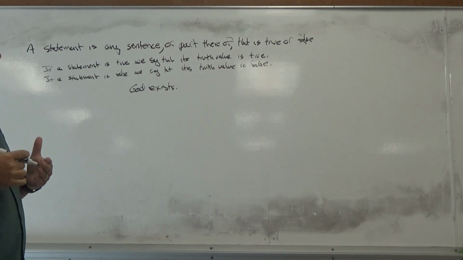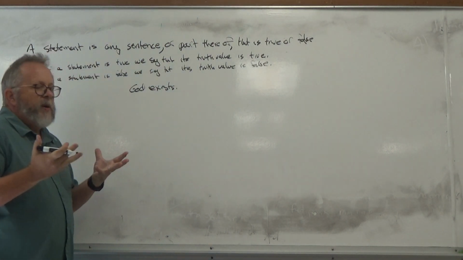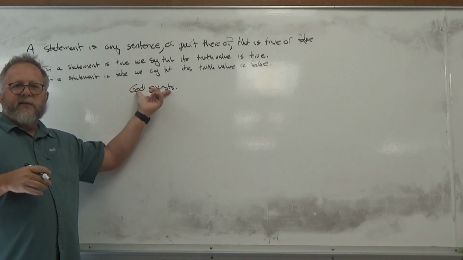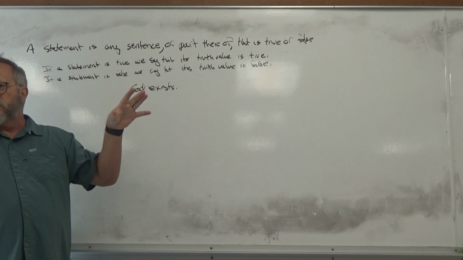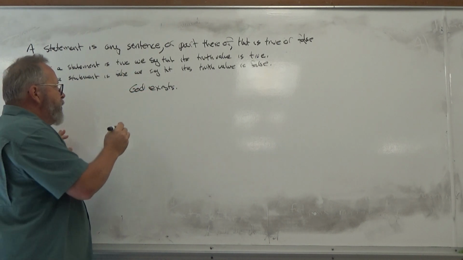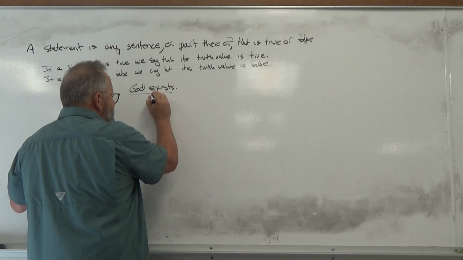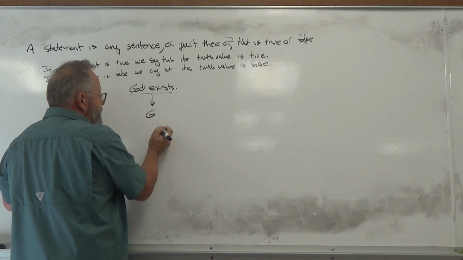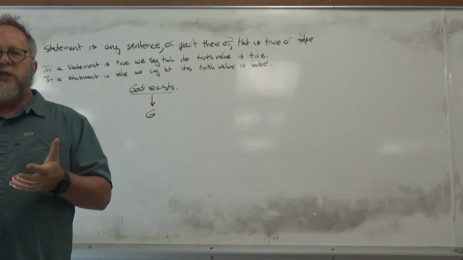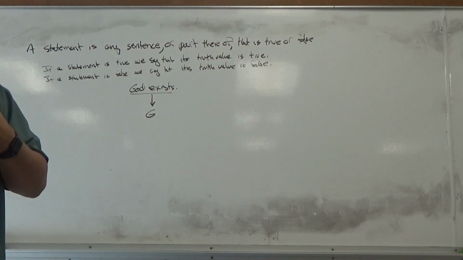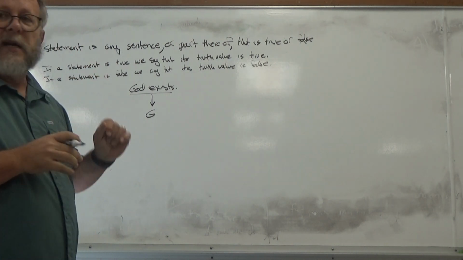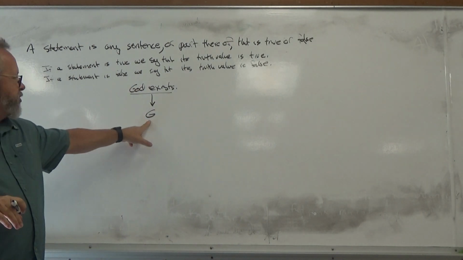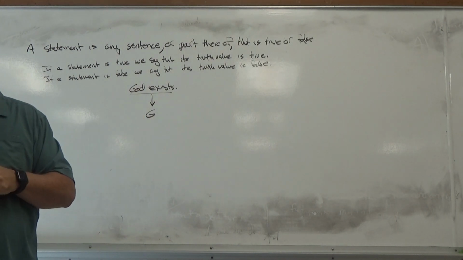And so what we do is we pick a capital letter to represent God exists and all of its equivalents, okay? And we call this a statement constant. I'm going to pick G. And wherever G occurs in our symbolization, that is to represent God exists. Does everybody understand that? So God exists, if we were symbolizing it, is just G, easy peasy, okay?